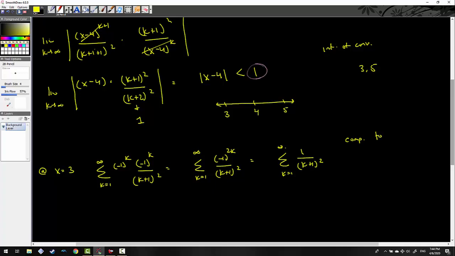I'll compare him to, if I actually FOILed him out, I would get k squared plus 2k plus 1, which is going to be a p series with p being greater than 1, so I know this is going to converge. So what I'll do is I'll go ahead and compare him to 1 over k squared.